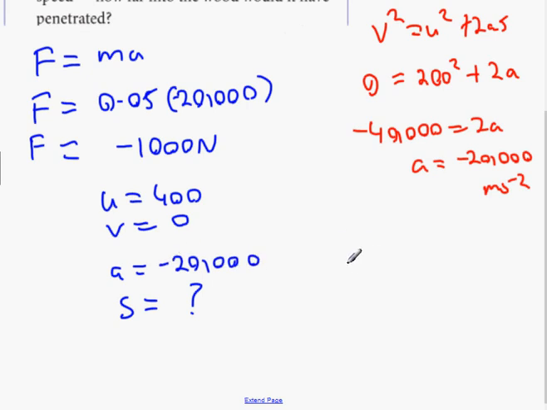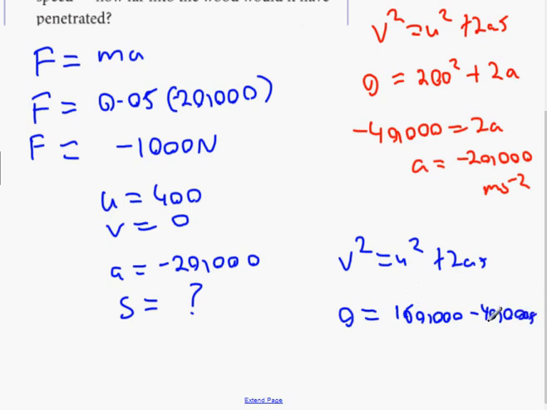V squared equals U squared plus 2AS. And 0 equals 400 squared. What's 400 squared? Oh, 160,000. And then 2AS is going to be minus 40,000 S. So 40,000 S equals 160,000. S equals 4 meters. Good with that?